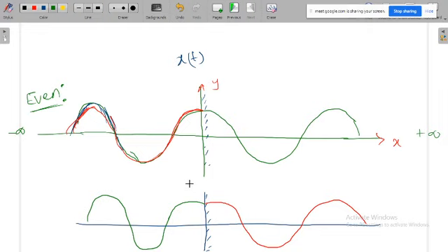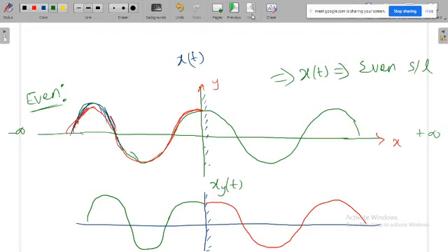If I take the mirror image with respect to the y axis and the appearance of the signal does not change, it looks the same as the original signal x of t, then that signal is called an even signal. So I will call x of t an even signal.